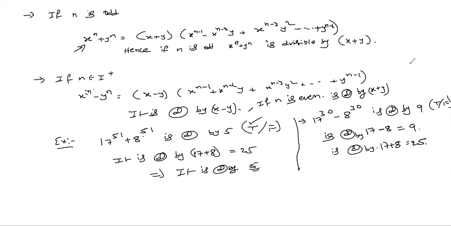Now, in general, we can write x power n plus y power n, x power n minus y power n. n is even, n is odd.